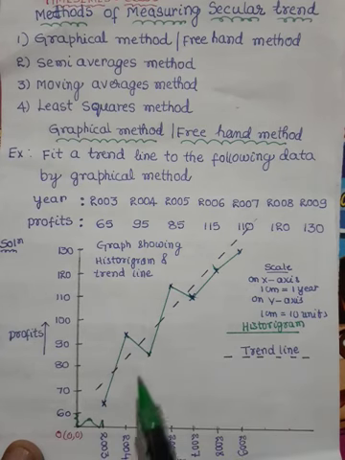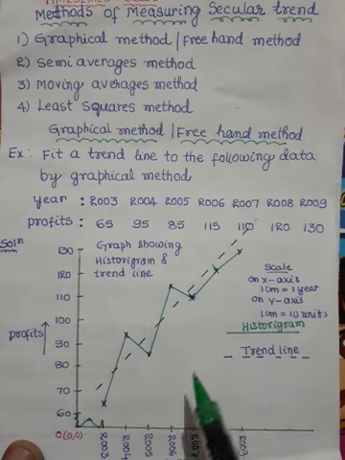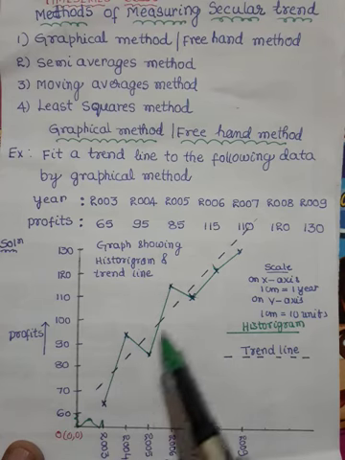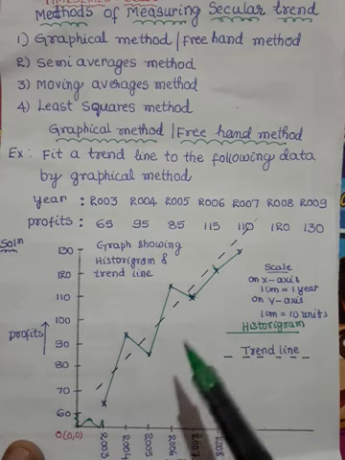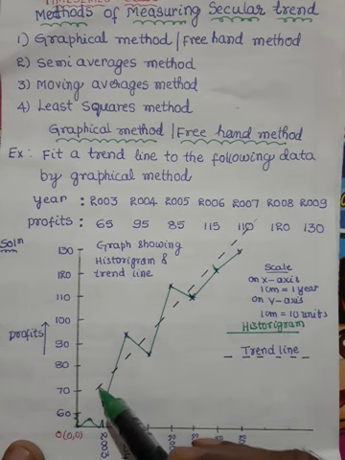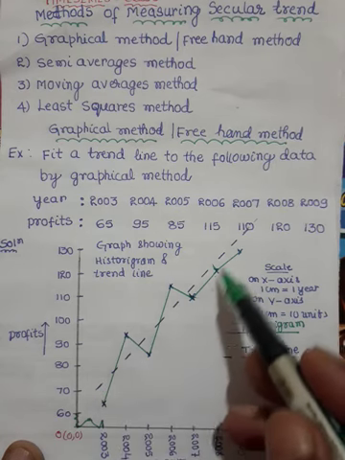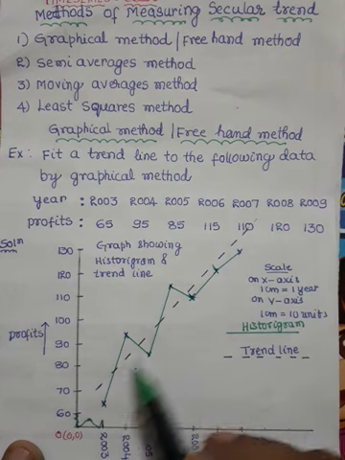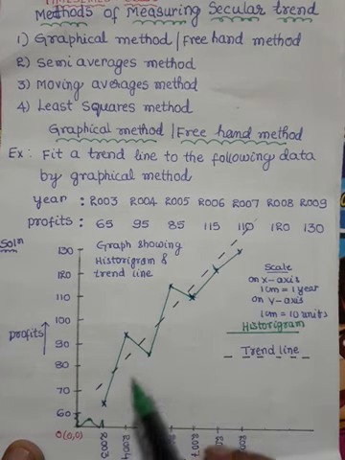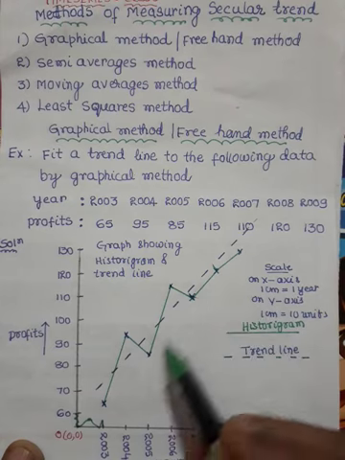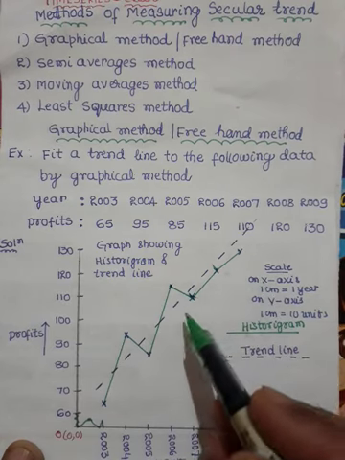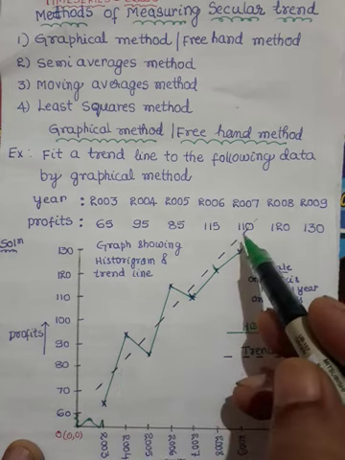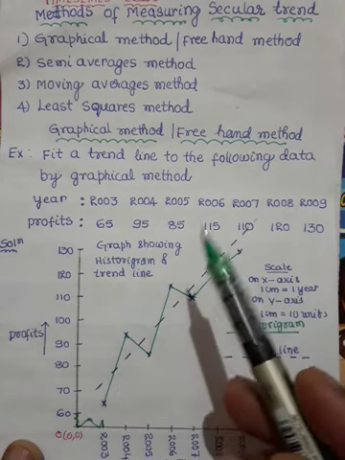Now to draw the trend line, you see this dotted line is called the trend line. A line is drawn in such a way that 2 points are above the line and 4 points are below the line. I have drawn it like this.